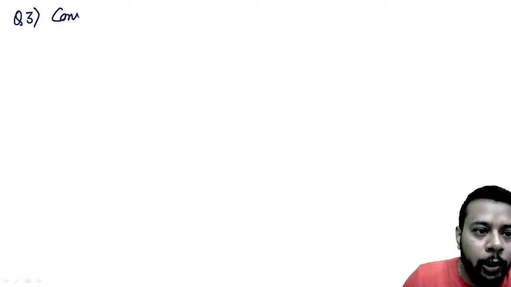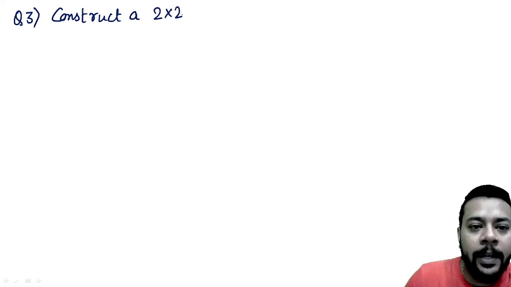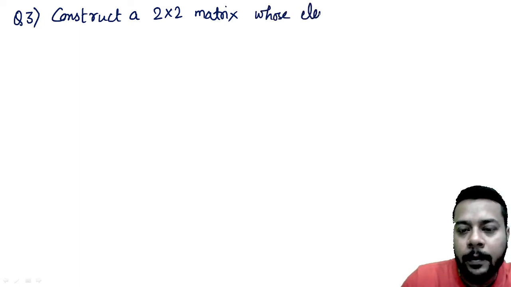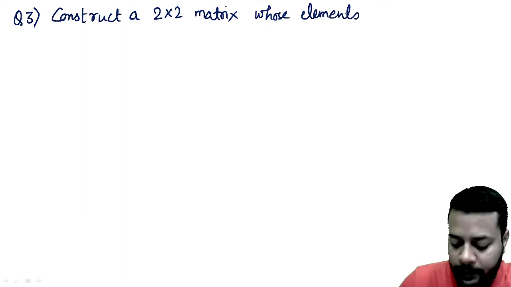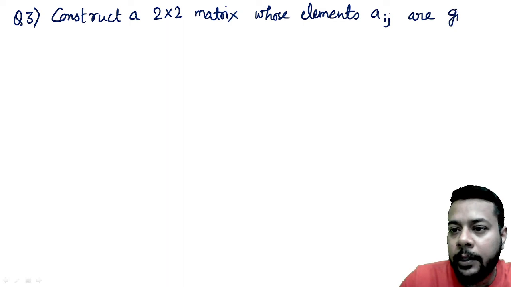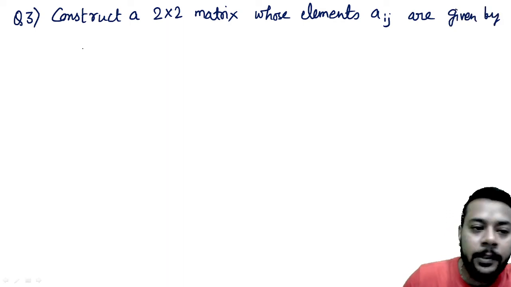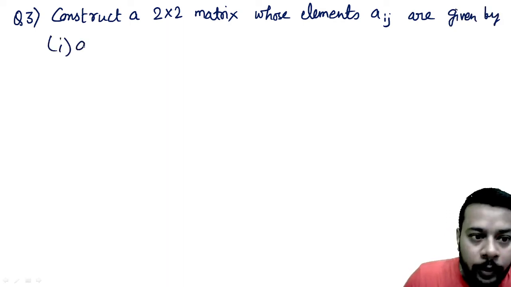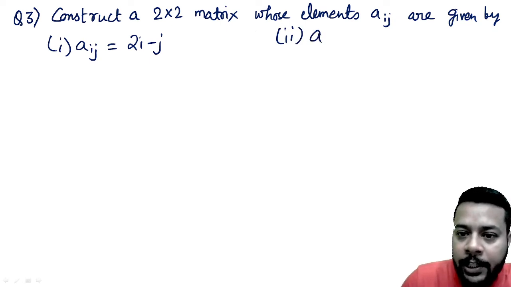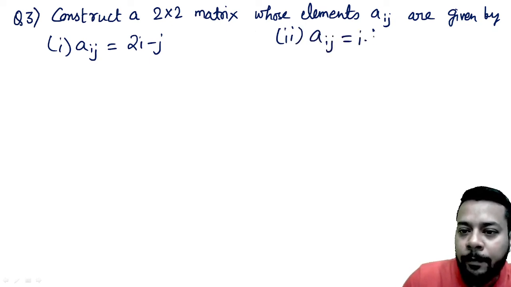You have been told to construct a 2 by 2 matrix whose elements a suffix ij are given by, in subpart 1, aij is equal to 2i minus j. In the second part they have told you aij is equal to simply i into j, right?